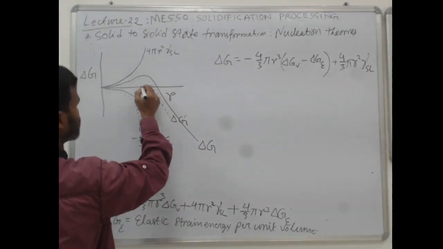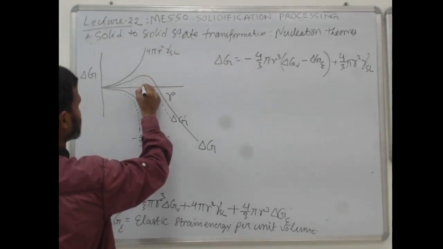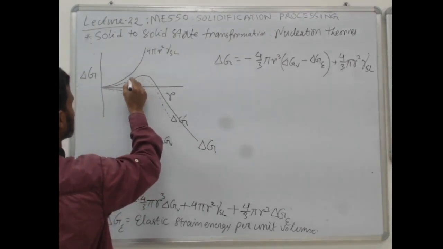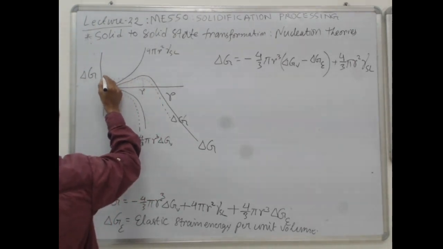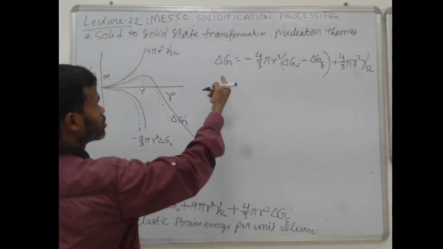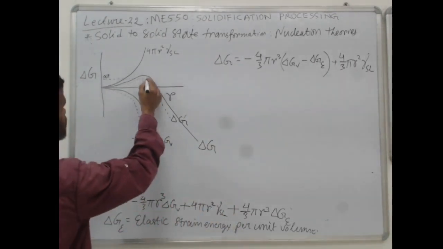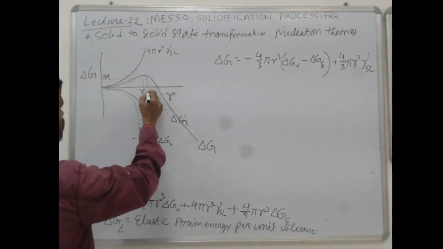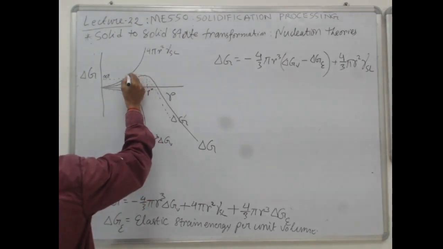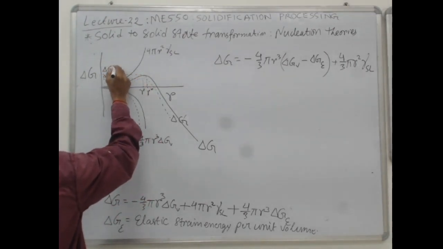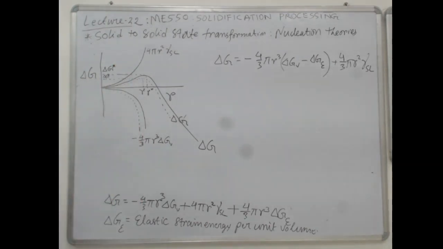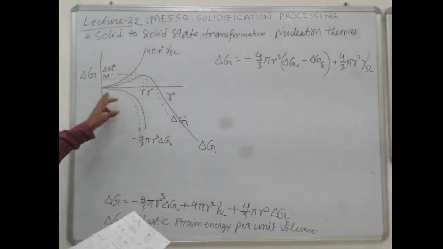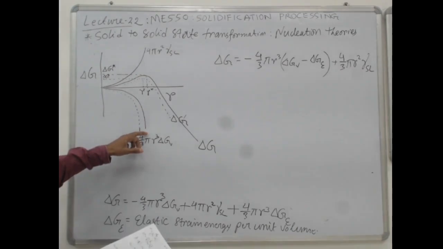Not only that, this is the initial r star and this is delta G star. Because of the presence of this term, r star goes to the right. That means r star increases and delta G star also increases, because this provides an additional positive value.